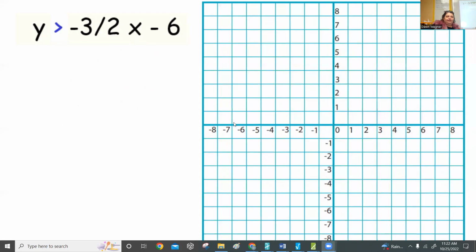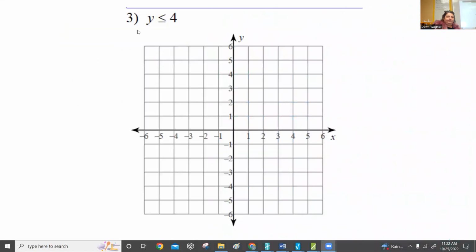Okay, so I'm going to clear this. I'm going to look at this one. This is y has to be less than or equal to 4. So this is going to be a horizontal line through 4. You go up on the y-axis, make a dot, and then it's going to go through 4. And it's a solid line because there's a line under it, right? Am I shading below the line or above the line? Below, because it's less than.